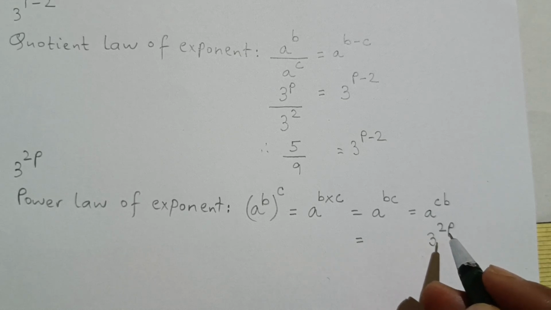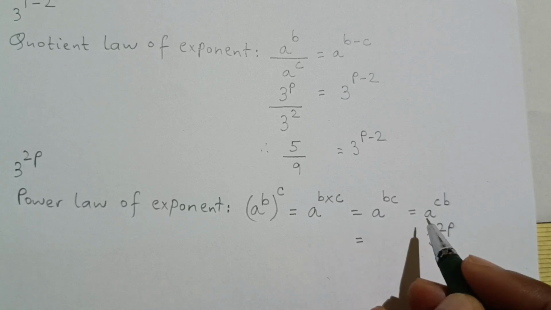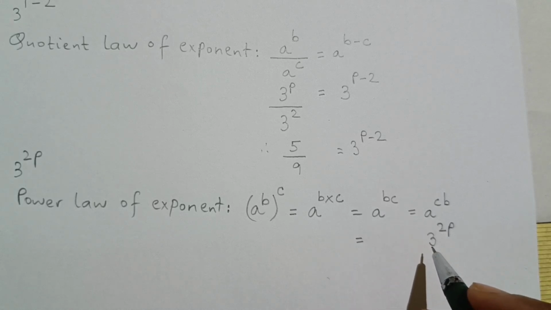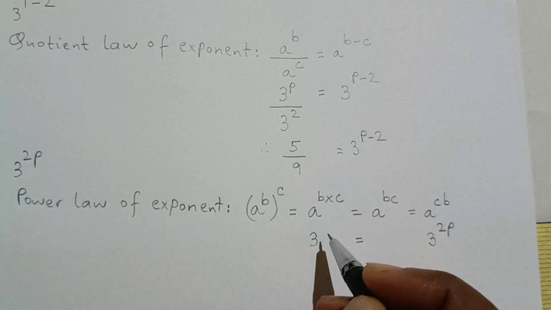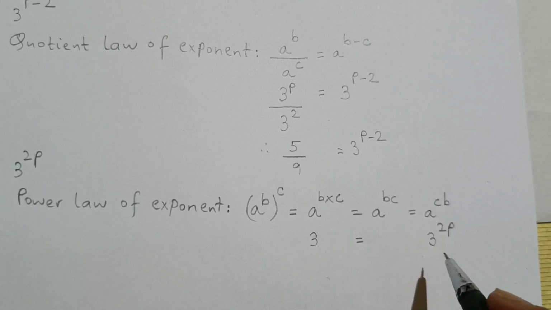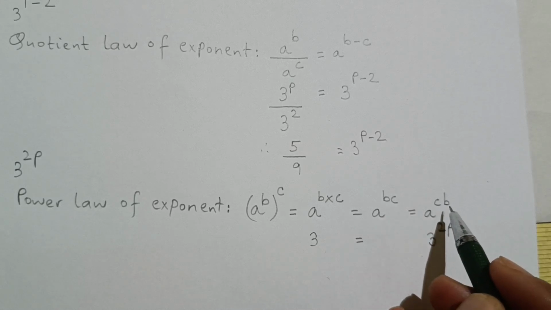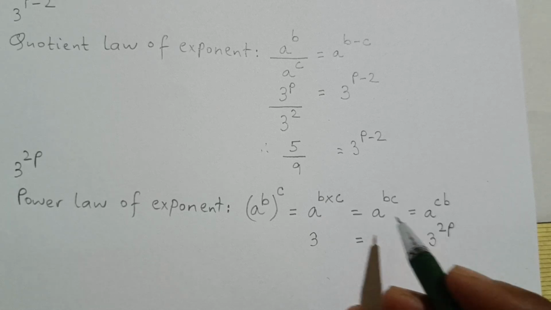Therefore 3 to the power 2p can be written as 3 to the power b into c. Now b is p and c is 2.